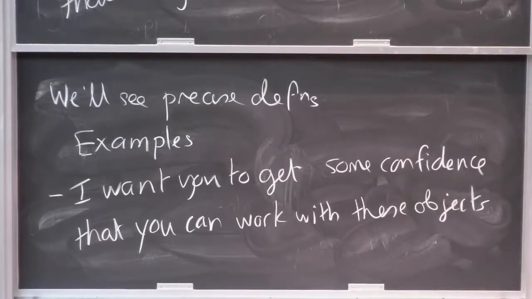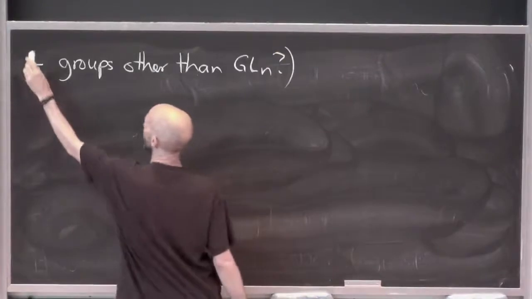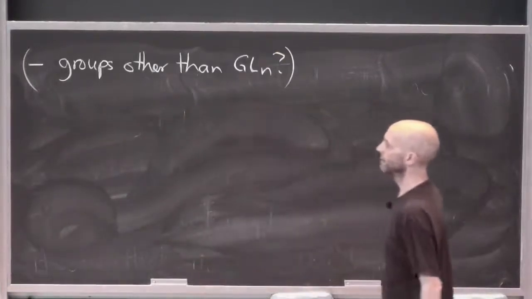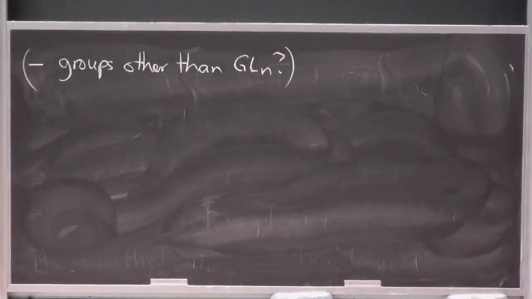And in the document, one of the things I said was that maybe we'll do groups other than GLN. I'm not entirely sure that's going to happen, but we'll see what happens.